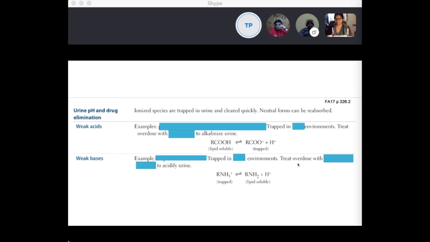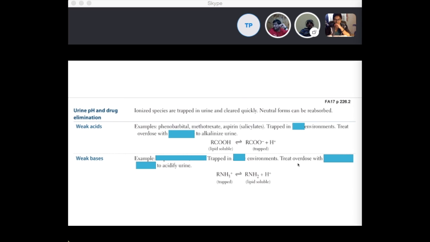Methotrexate. Yeah, I would not even have thought of that. As I said, it's a little obtuse there, but that's okay. So we have phenobarbital, methotrexate, and aspirin as some examples of weak acids.